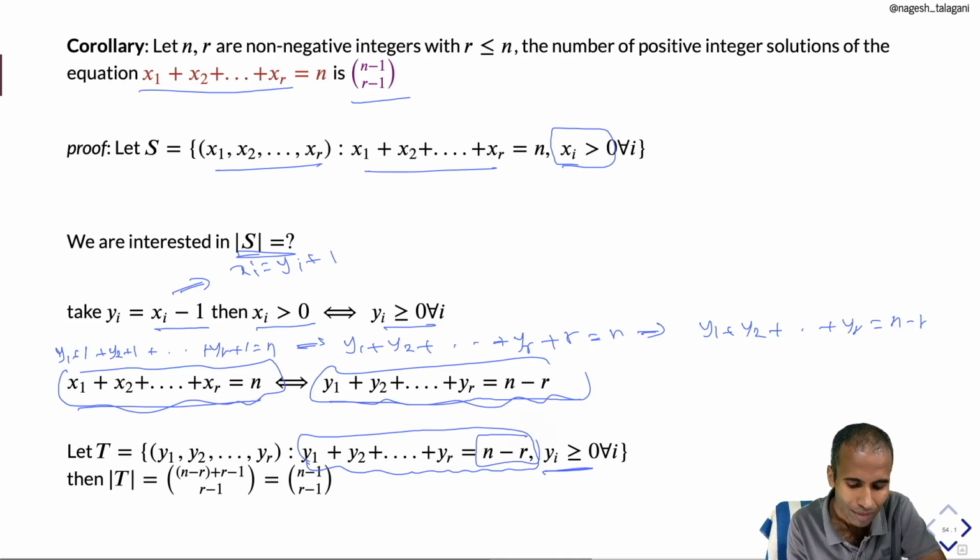So the number of elements in T is going to be n minus r plus r minus 1 choose r minus 1, using the previous theorem. In place of n, we have n minus r. So n minus r plus r minus 1 choose r minus 1. Here r cancels. You will end up with n minus 1 choose r minus 1.